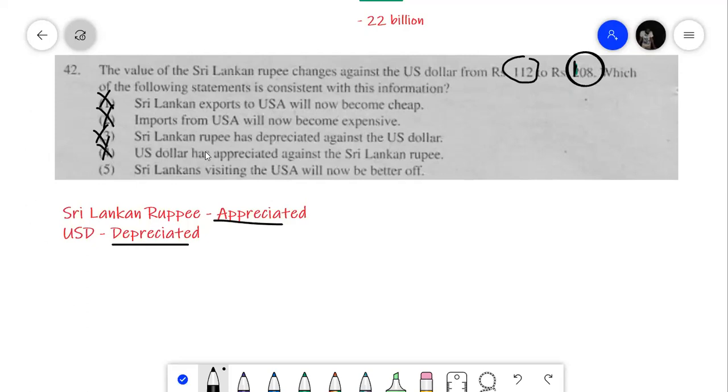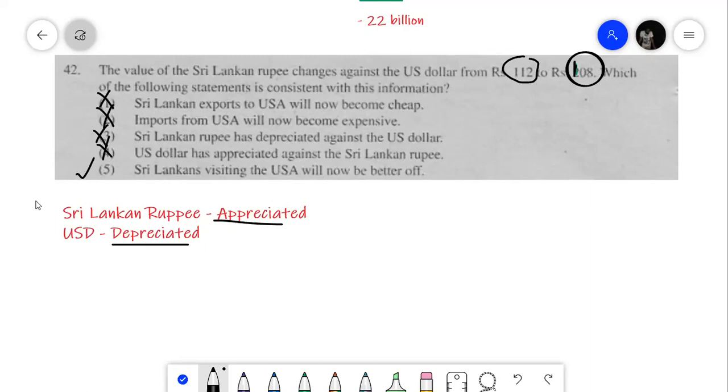Wrong. Sri Lankans visiting the USA will now be better off? Yes. Why? Because our currency has appreciated now. If they are traveling to USA, they have to spend less money now. Because our currency has got stronger, 112 has become 108. Let's say I have to go to USA and spend $1,000.